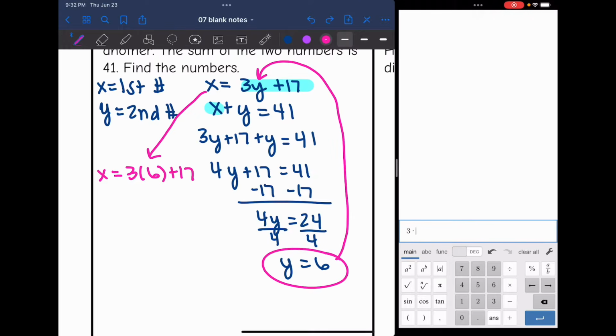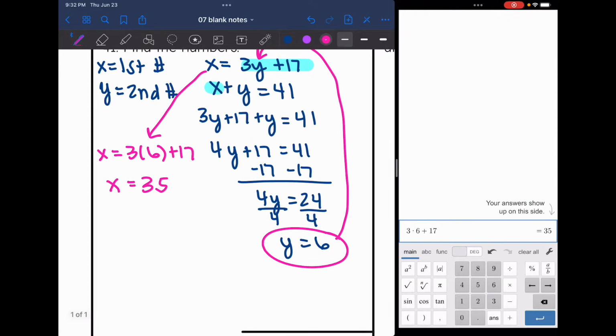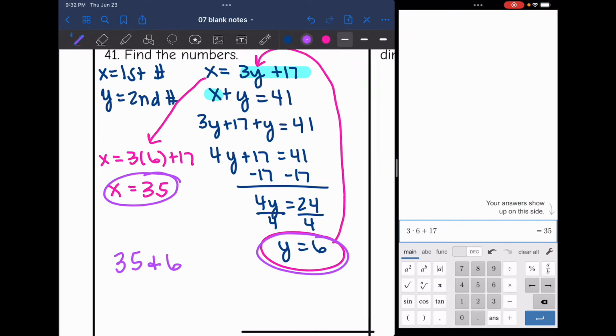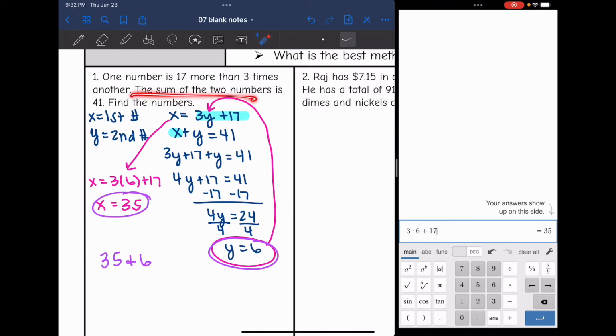So 3 times 6 plus 17 is 35. So x equals 35. So the question was, what are the two numbers? They are 35 and 6. And that makes sense because the problem said the sum of the two numbers is 41, and 35 plus 6 is 41.